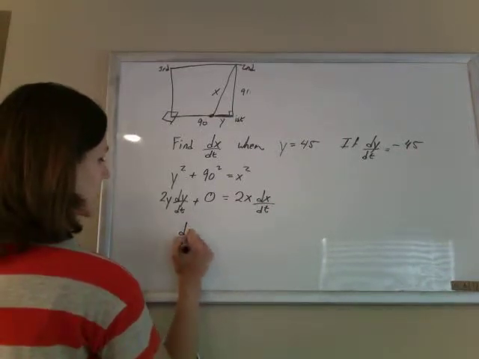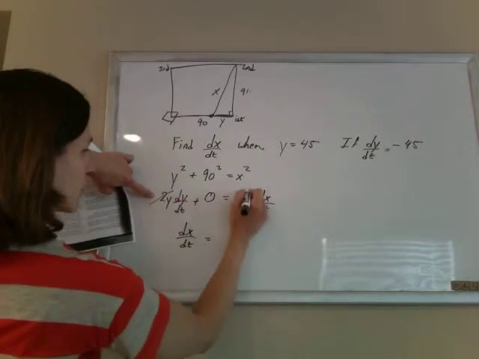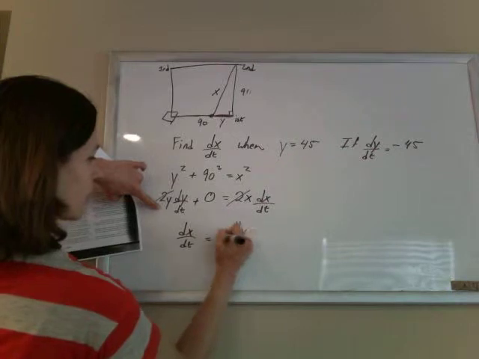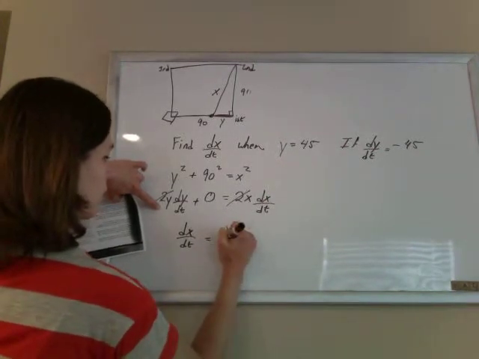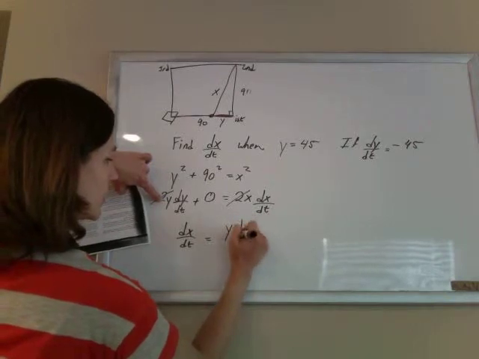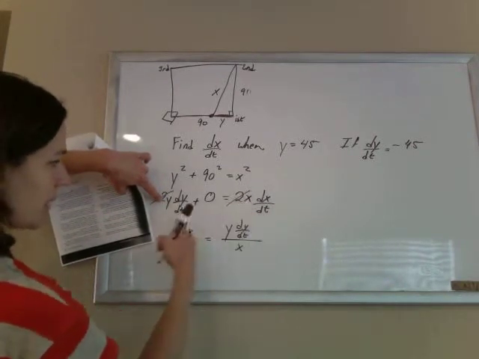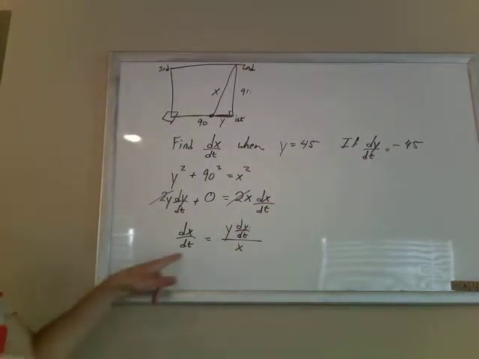So dx/dt is going to end up being, well, the 2's cancel out, so it's just y dy/dt divided by x. Just divide both sides by x and you'll solve for dx/dt. And that's what we want to find.